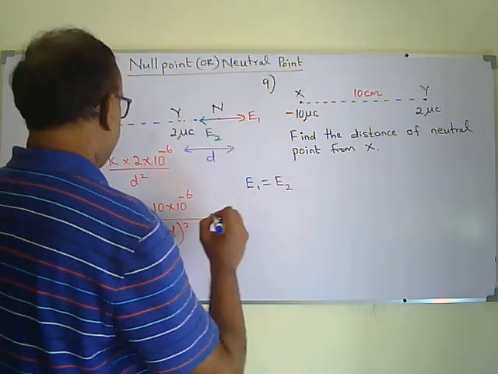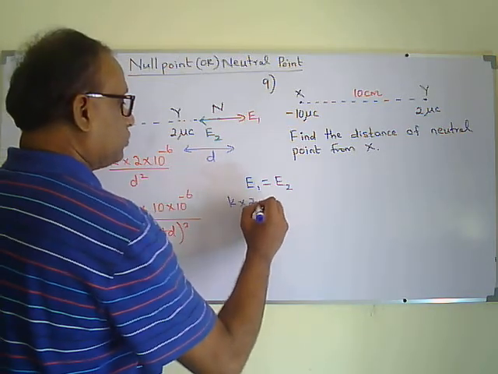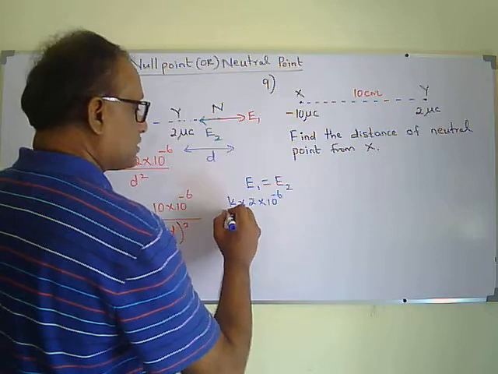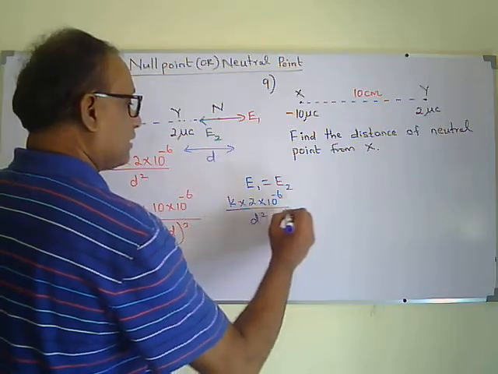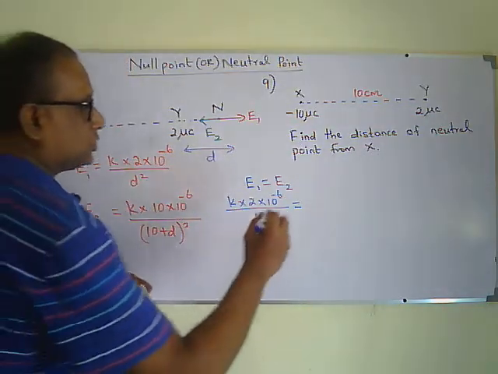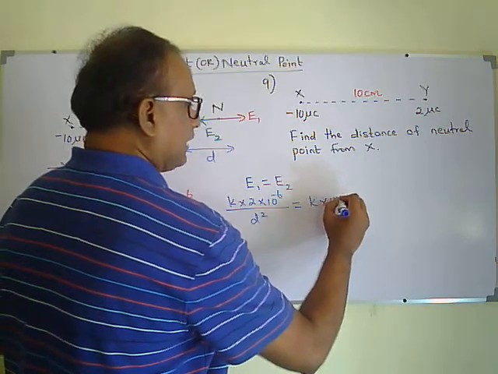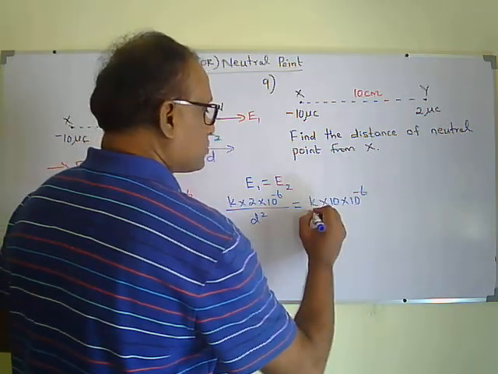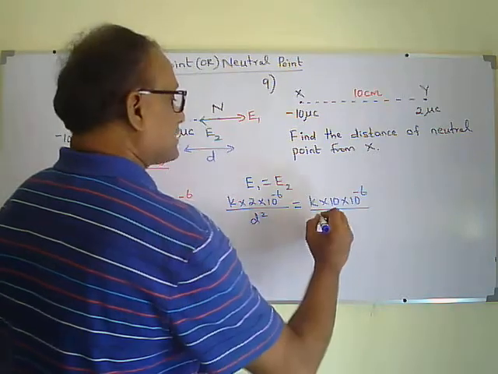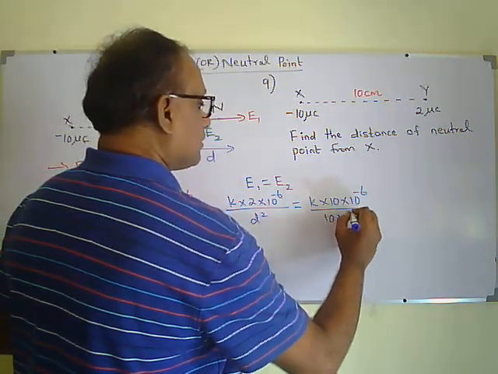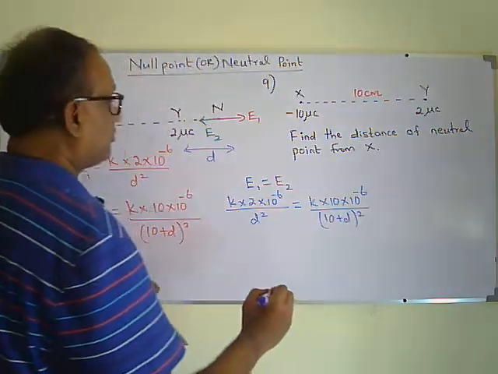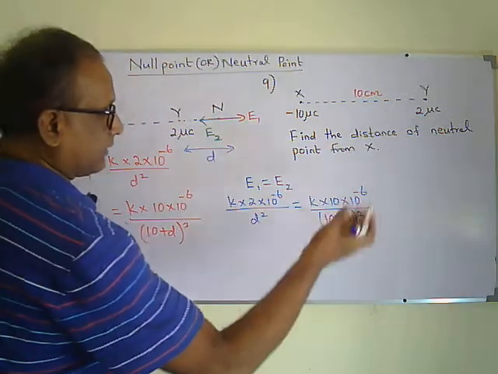E1 means k into 2 into 10 to the power minus 6 over d squared, equal to k into 10 into 10 to the power minus 6 over 10 plus d squared, because we measure it from, sorry, it's okay, 10 plus d squared.